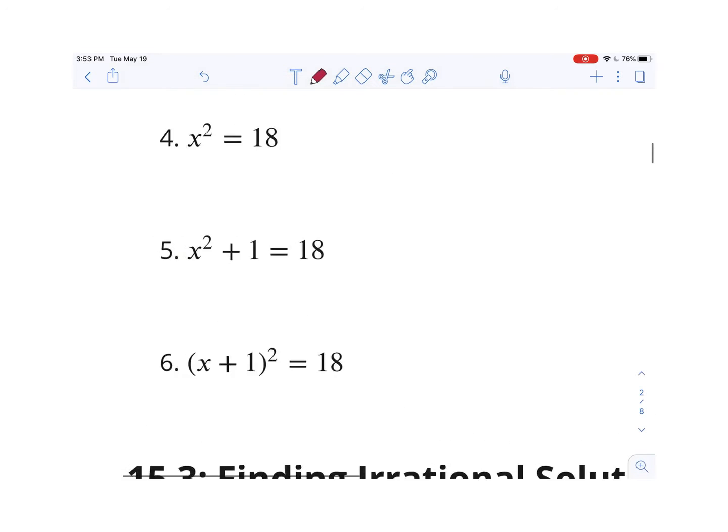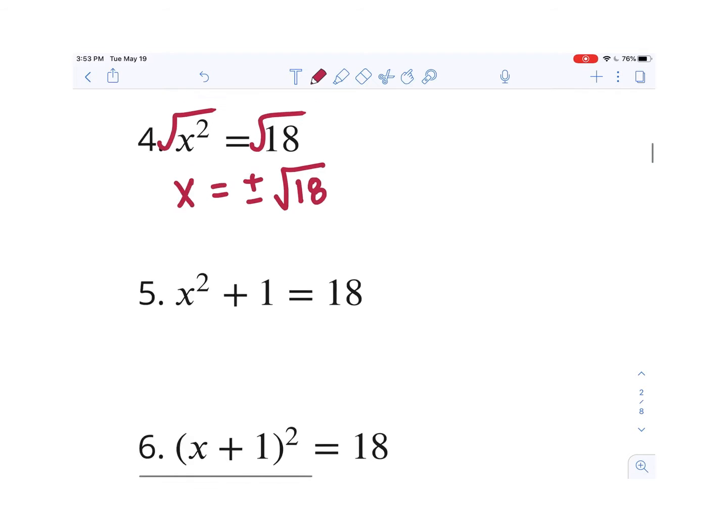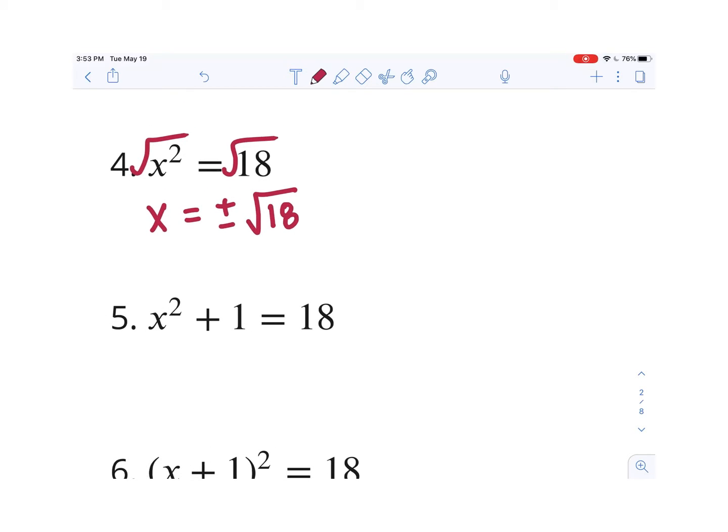All right, number 4. If I were to take the square root of both sides here, I get that x equals plus or minus the square root of 18. Now if I try to take the square root of 18, I'm going to get an irrational number, right? Because it's not a perfect square. And so to make sure we have an exact answer for this, we can leave it in radical form.